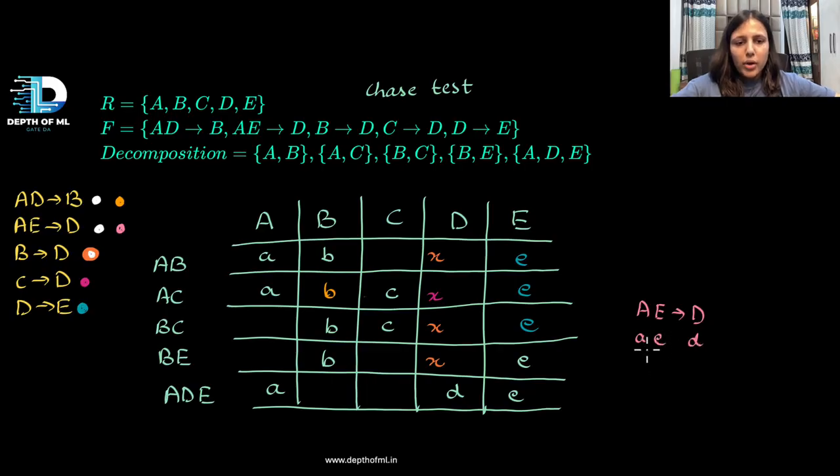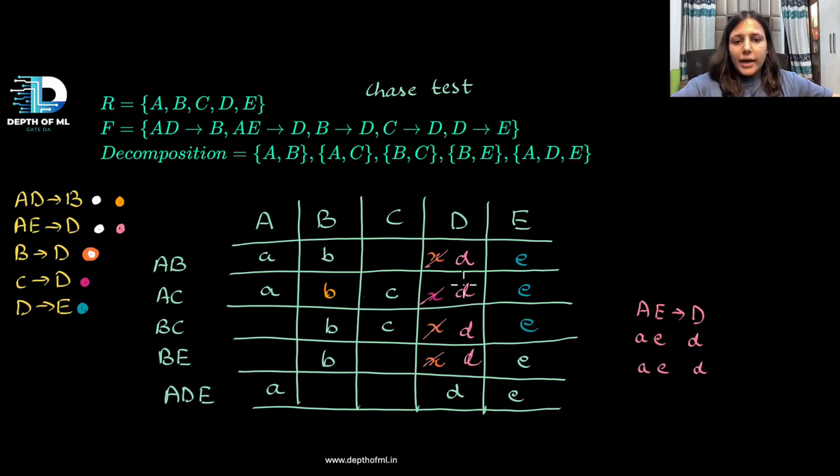So if any row has value AE, it should always be D, right? So we can now replace these variables, because only in these two rows we have the same combination A and E, right? So here we can replace it with D. Obviously the x value also has the same value, so we'll replace all of them. So we have D over here.